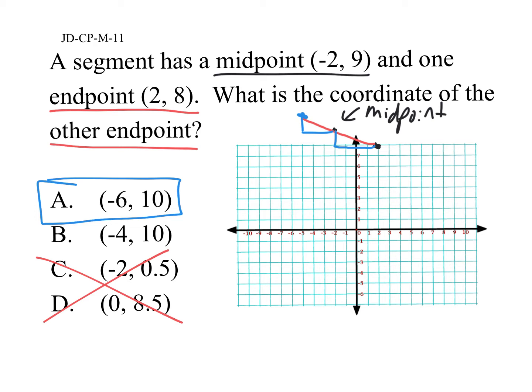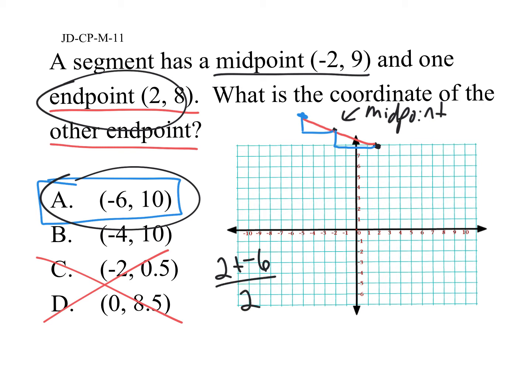Another way you could do that is if people just split these up and say, I'm going to try A, you try B, and just test these as endpoints. When we're looking for the midpoint, remember you add and divide by 2. So if you add your x's and divide by 2, add your y's and divide by 2, this would be negative 4 divided by 2.